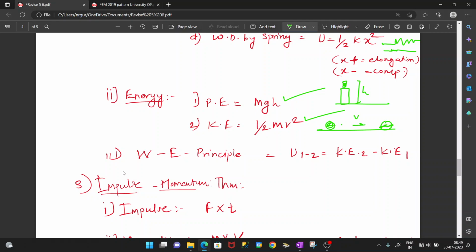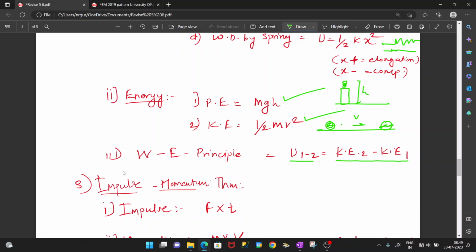So what is the work energy principle? Whatever work is done should be equal to the change in energy. Work done is equal to change in kinetic energy, and that is nothing but the work energy principle.